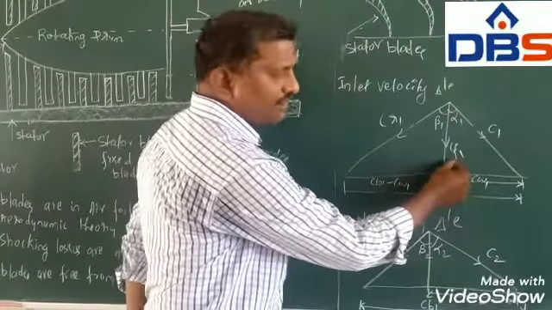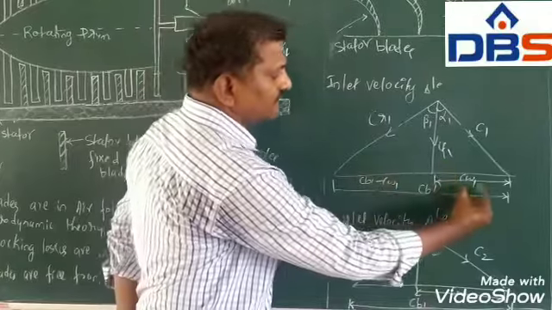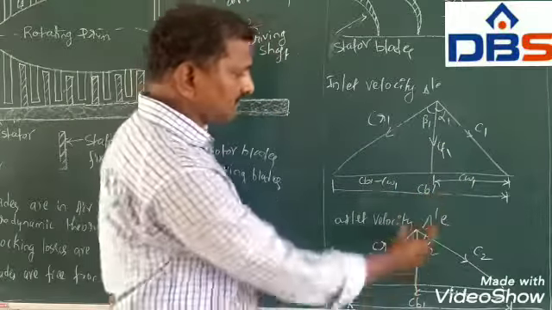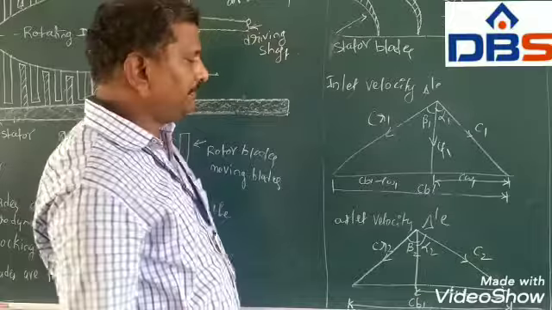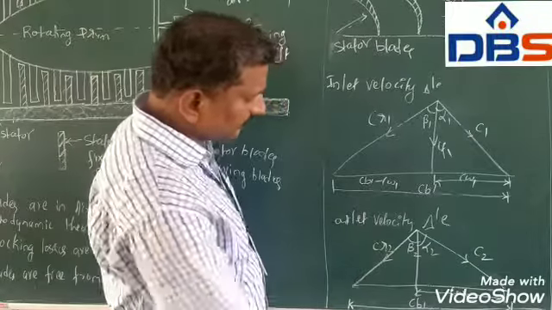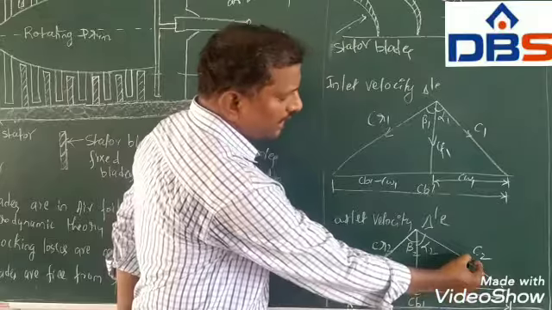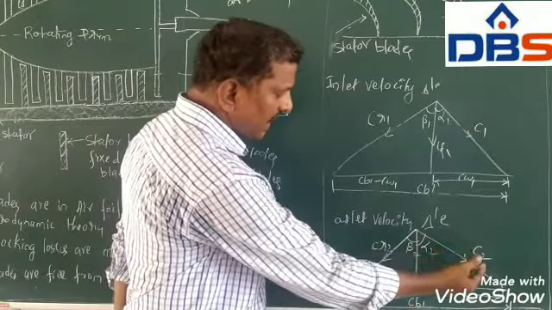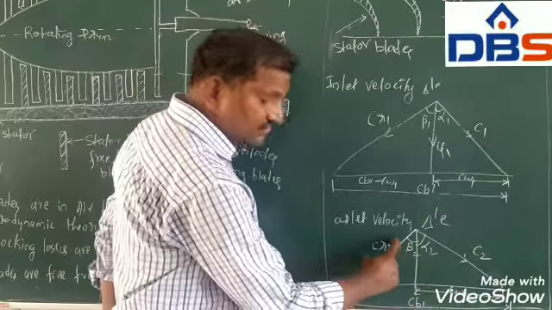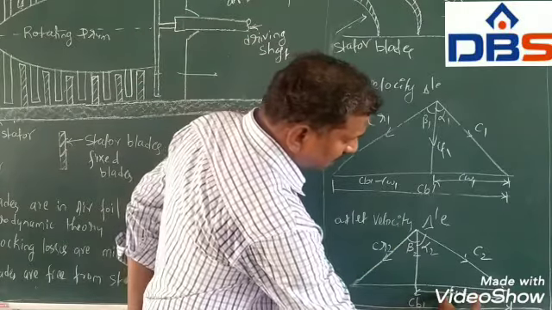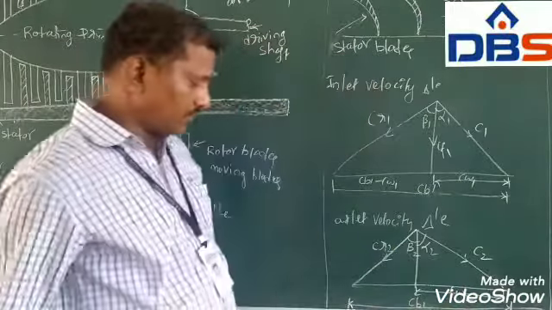CF1 is the flow velocity, CW1 is the whirl velocity of air at inlet, and CB is the blade speed. In the outlet velocity triangle, C2 is the absolute velocity of air at outlet, CR2 is the relative velocity of air at outlet, and CW2 is the whirl velocity of air at outlet.